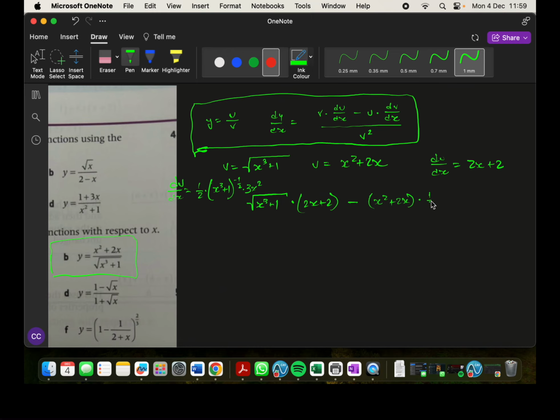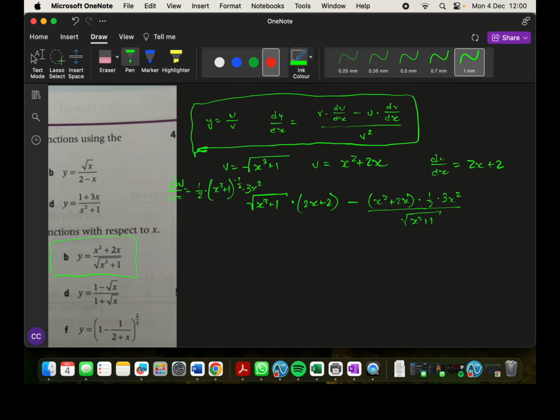So that's 1/2 times 3x squared all over the square root of x cubed plus 1.